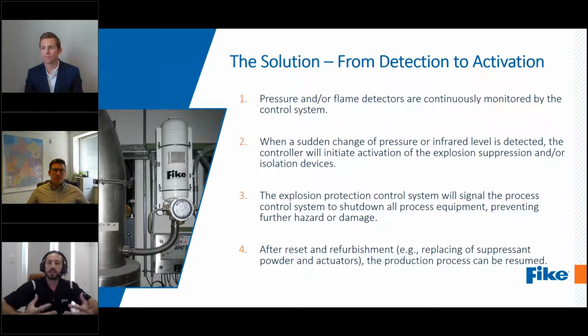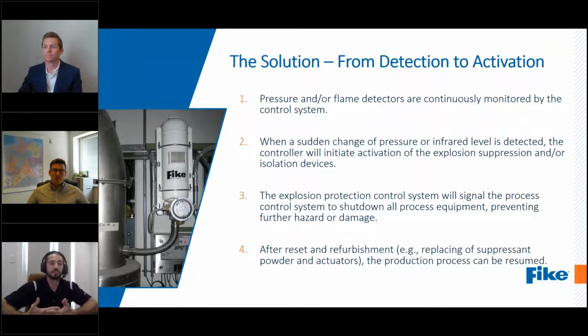So, the solution in a little bit more detail, from detection to activation and response of our system. First, you have pressure and flame or infrared detectors that are continuously monitoring the enclosure or the space where the hazard is known to exist. When there is a sudden change in that pressure threshold or infrared level, the controller will initiate activation of the explosion suppression and any adjacent isolation devices.